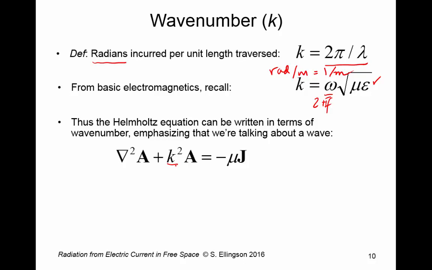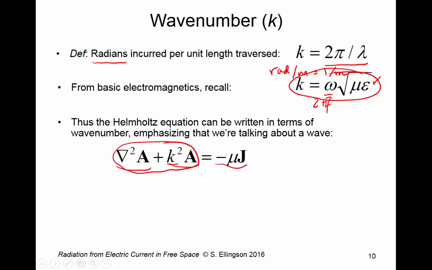So we can replace that with this expression, and we get a slightly more recognizable form of the inhomogeneous Helmholtz equation: Laplacian of A plus wave number squared times A equals minus j mu.